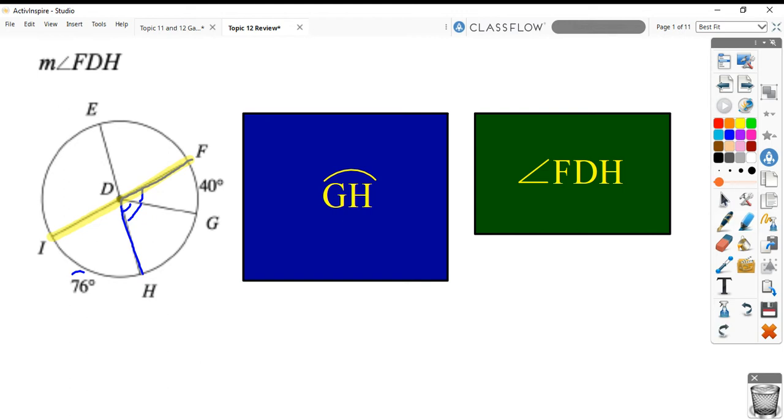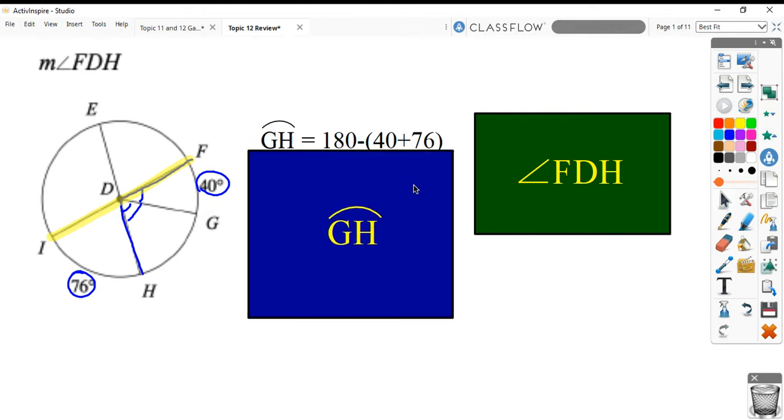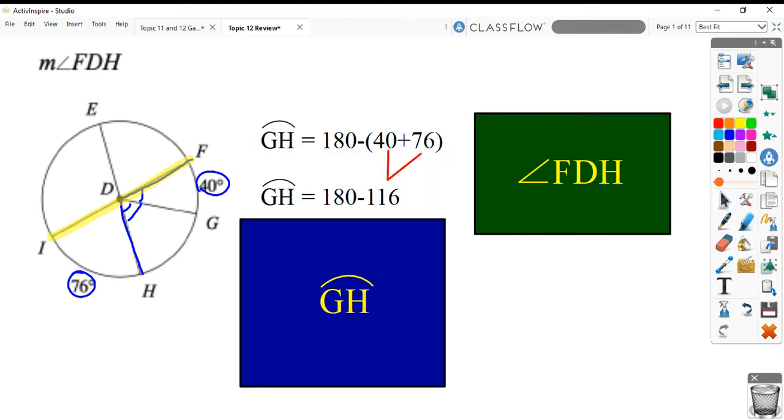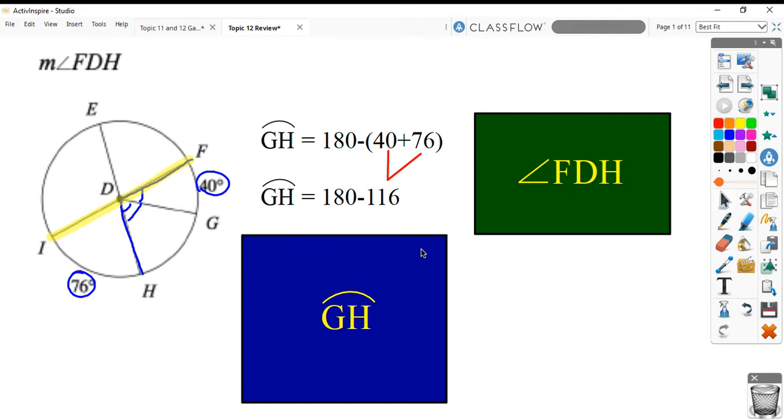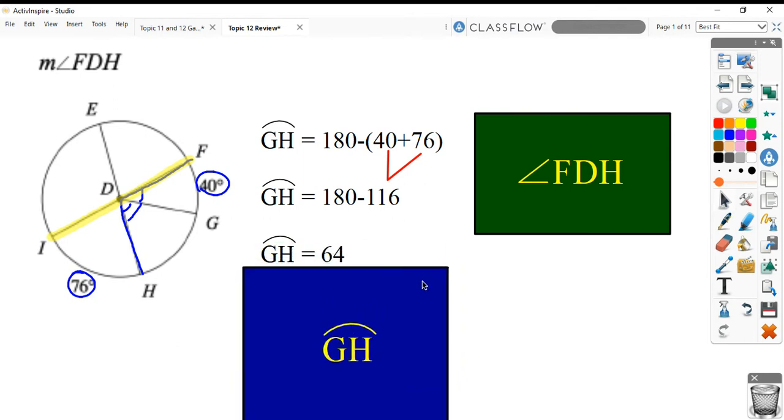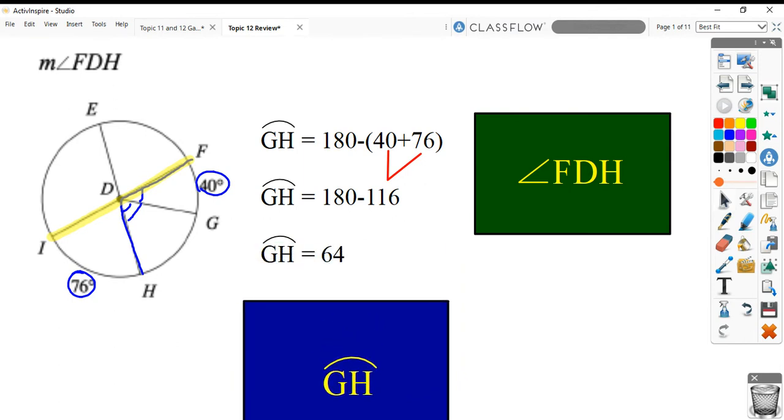So what I see is we've got 76 down here, we've got 40, both already labeled. It's going to be a quick and easy fix to find this missing piece because all we have to do is subtract from 180. We know that all three of those pieces should add up to 180, and so that makes it pretty easy to find our missing part, 64 degrees right there.